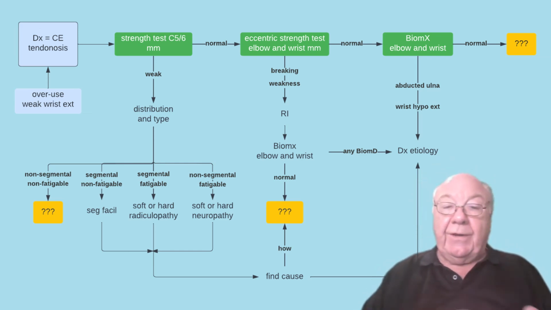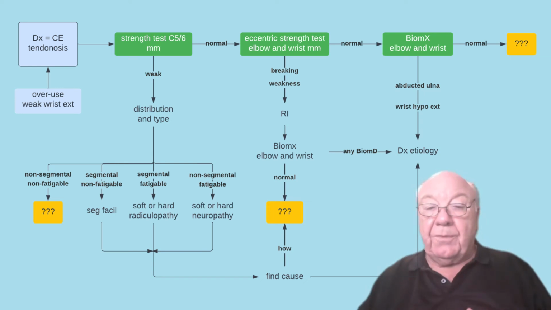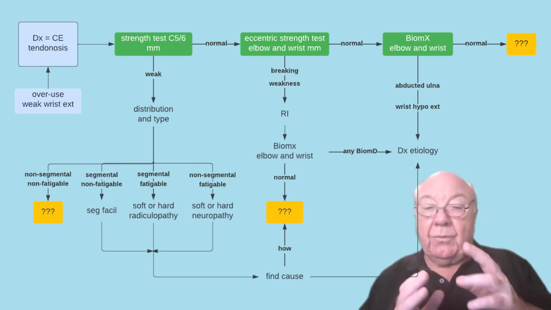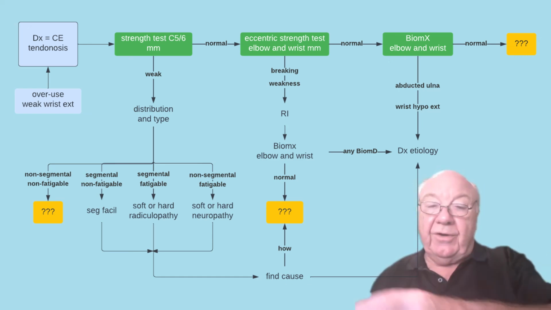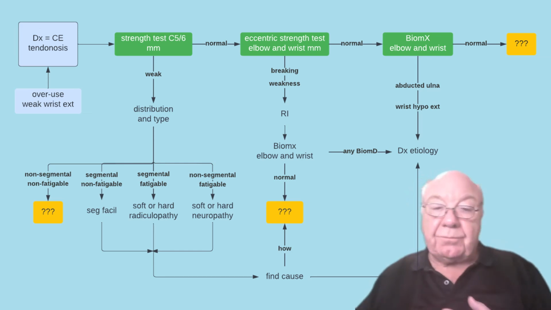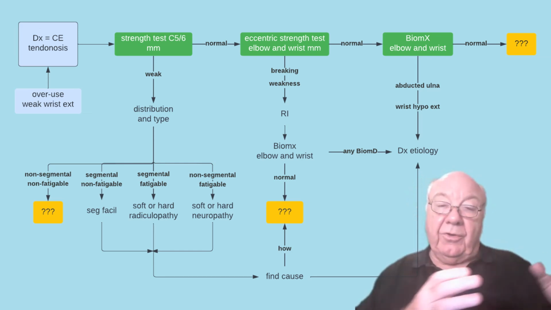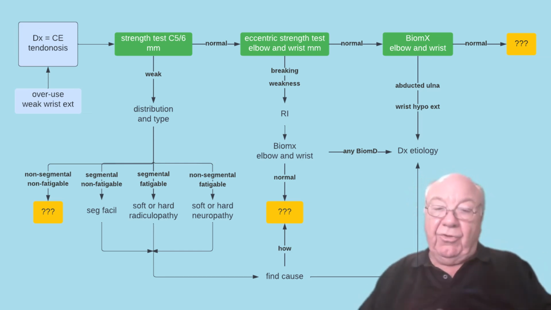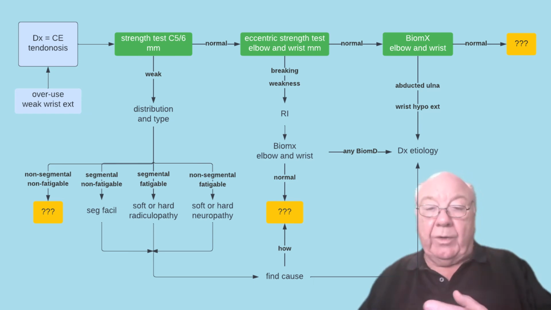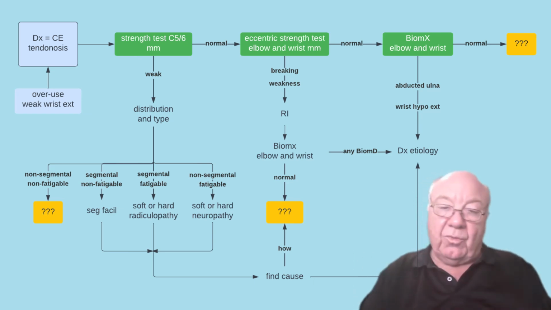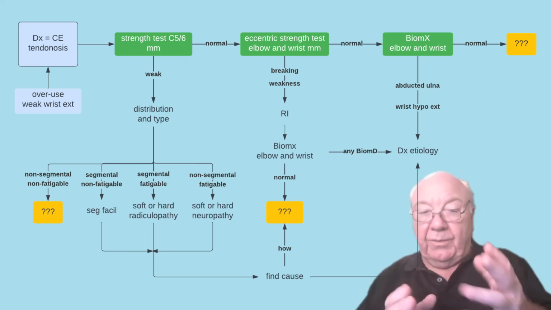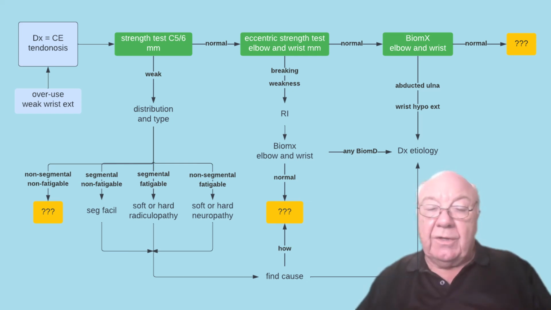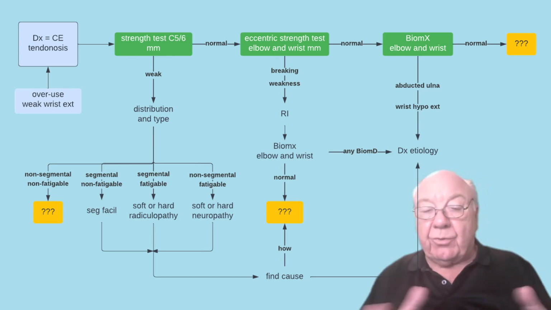Now, if there is no weakness in those muscles, then we can move on to the next step, which is eccentric strength testing from an end of range. Now, you're doing this because routine isometric testing is not likely to show this type of weakness. So you need to break this weakness from the end of range. So if we get breaking weakness, then it's reflex inhibition.